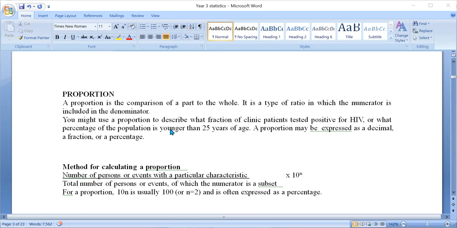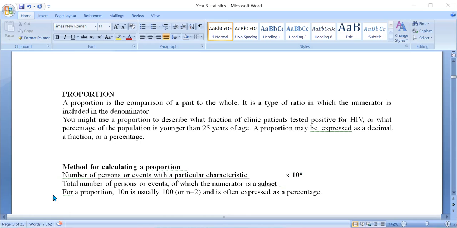You might use a proportion to describe what fraction of clinic patients tested positive for HIV, or what percentage of the population is younger than 25 years of age. So a proportion may be expressed as a decimal, a fraction, or a percentage. In health statistics we will be studying in other topics, we will find at some point some statistical tools or indicators used for calculation. Some end in percentage.